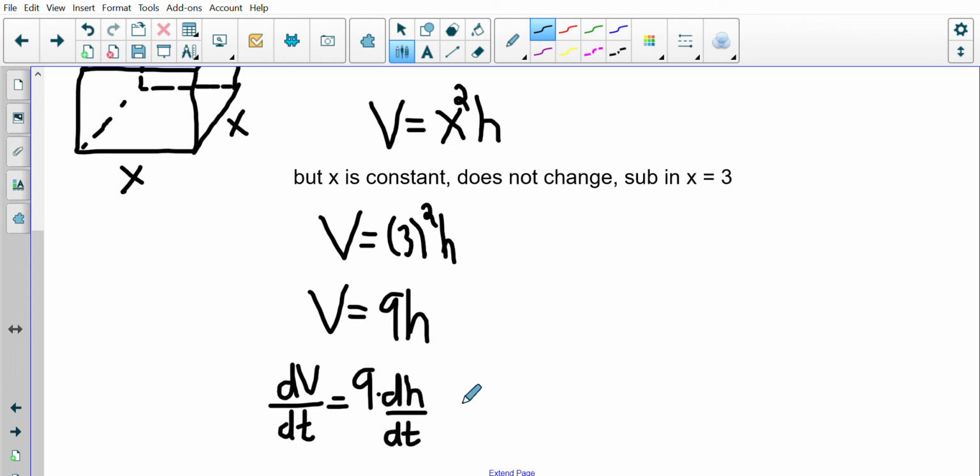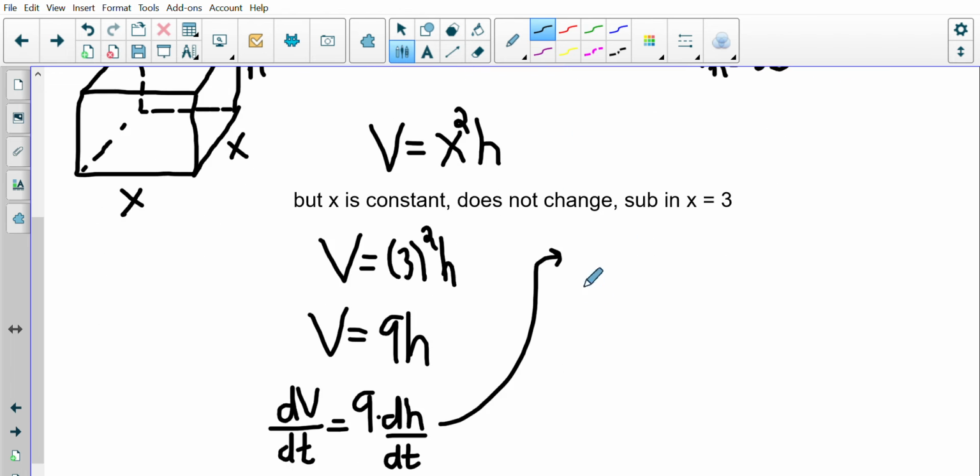All right, and so now I can sub in my numbers. Because I know dV/dt, the volume is changing at a rate of 20, equals 9 times dh/dt. Well, to solve for dh/dt, I'm just going to divide both sides by 9.